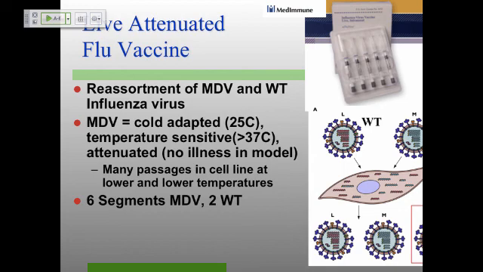And actually, no, I do remember what these are. The 2 wild type are going to be what? Right, HA and NA. So these are going to be whatever's circulating at this time, hemagglutinin and neuraminidase.